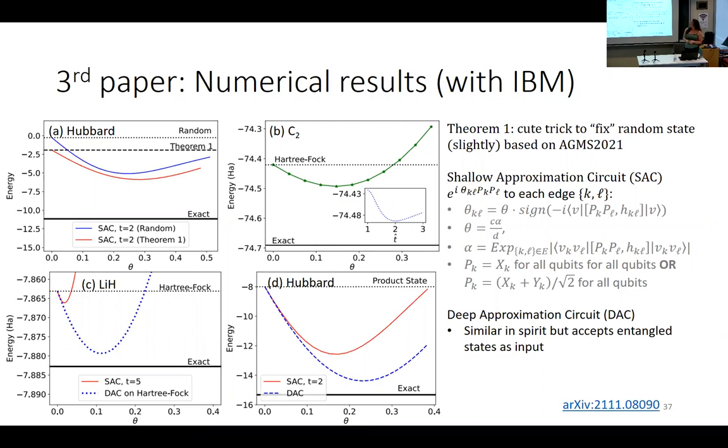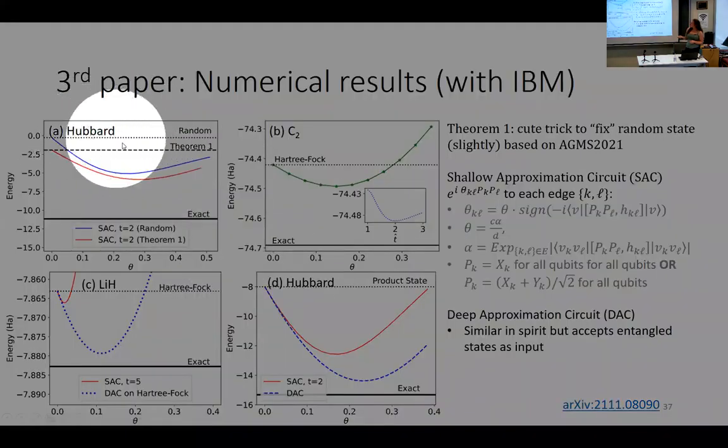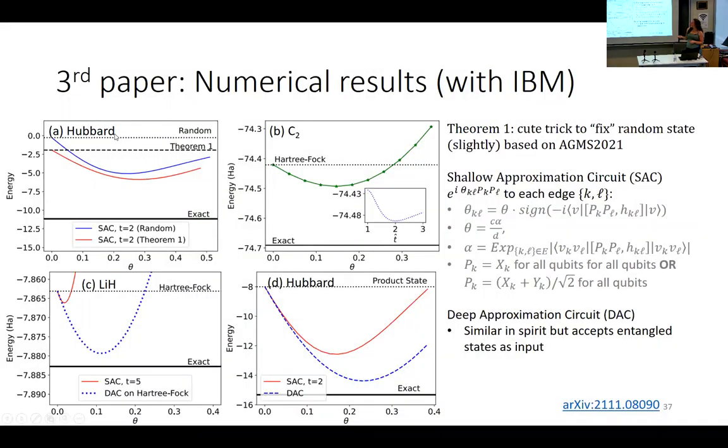And so when you start with the random state with Hubbard, you get this energy. And then we have this cute little trick called theorem 1, where we fix a random state slightly by taking a subset of the qubits and updating their state based on the state of their neighbors. Obviously you can't do that for every single qubit because you have some sort of recursive thing going on.